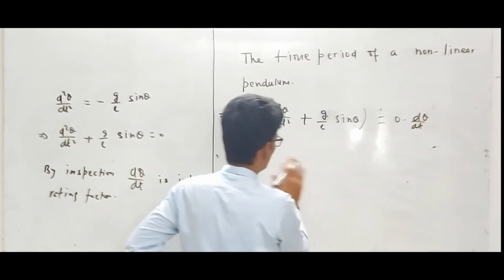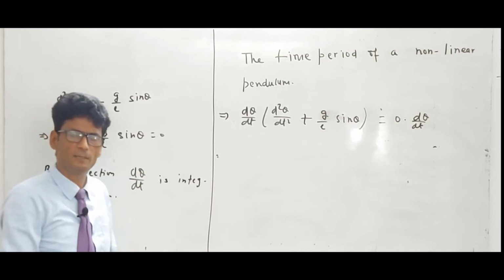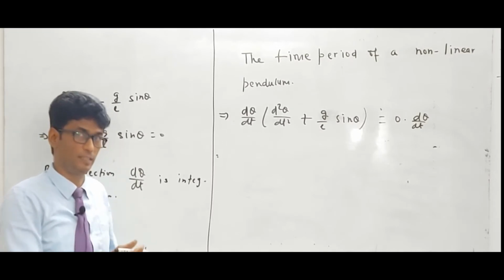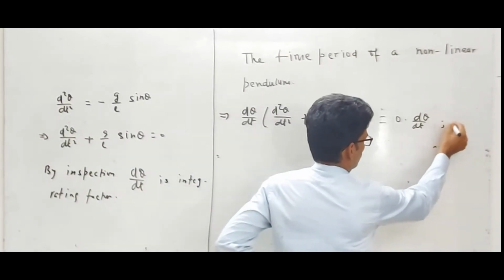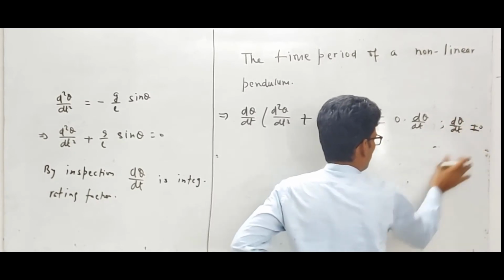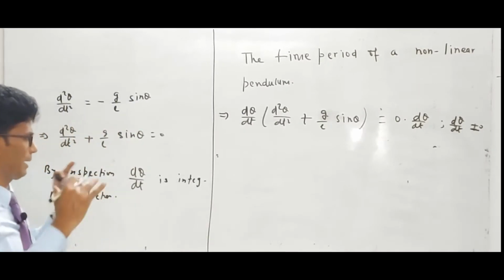However, although it is an integrating factor, we cannot multiply both the sides by a quantity which is 0. So we have to assume here that d theta by dt is not equal to 0. It is already defined, that is why we are multiplying. So now I have to solve like that.